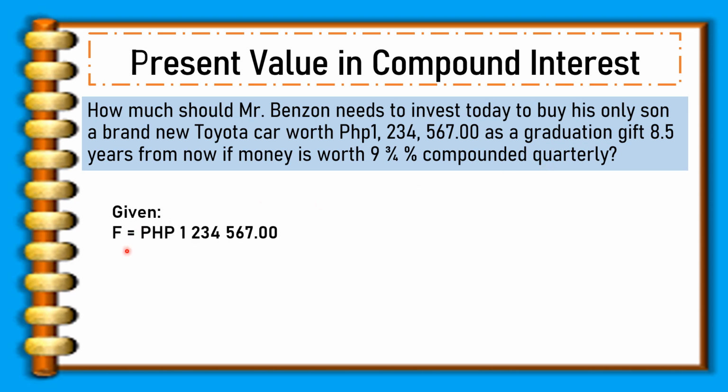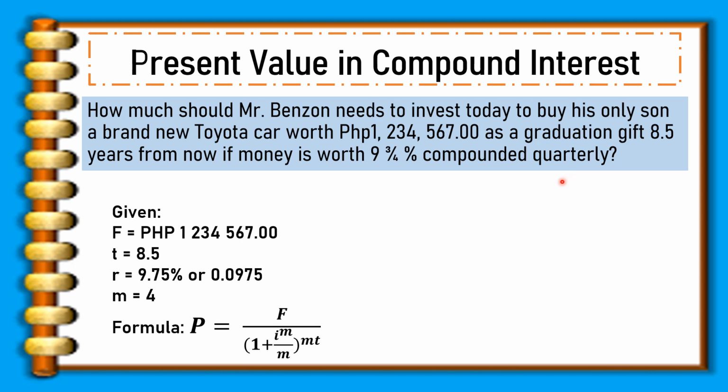Future value of 1,234,567 pesos. Time is 8.5 years. Rate of 9.75% or 0.0975. And m equals 4 from the word quarterly. Conversion frequency is 4. The formula to be used is P equals F over 1 plus i raised to m over m raised to m multiplied by t.